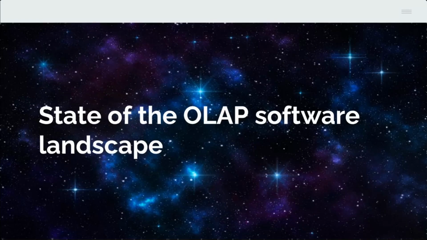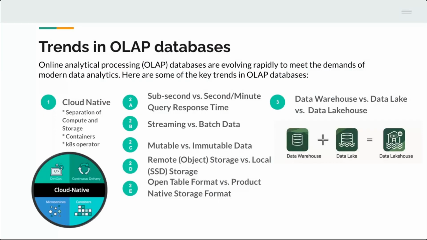So, state of the OLAP landscape. For people who are not very familiar with OLAP databases, there are really two types of databases in the marketplace. There's OLTP. Think of this as low latency databases that are used for the transactional use cases that you have.